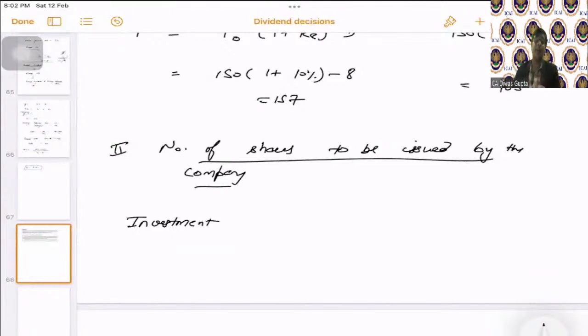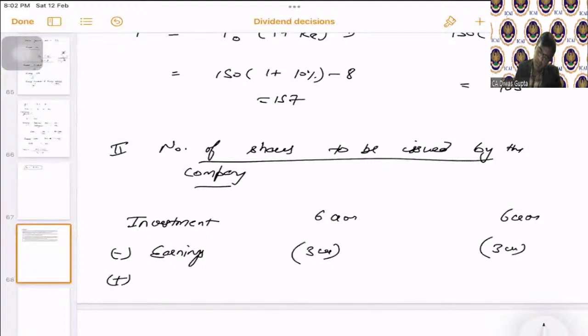Before we calculate the number of shares, we have to calculate the funds requirement. 6 crore minus earnings, 3 crore, plus dividend.